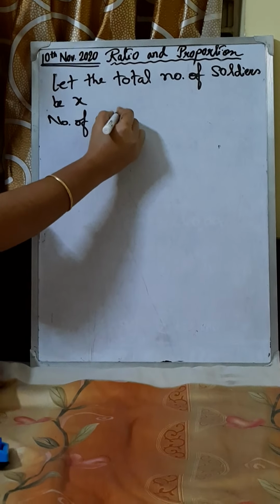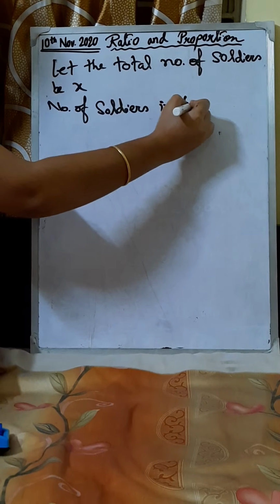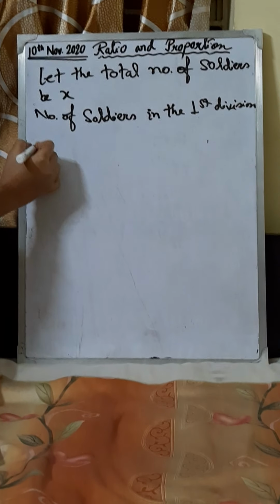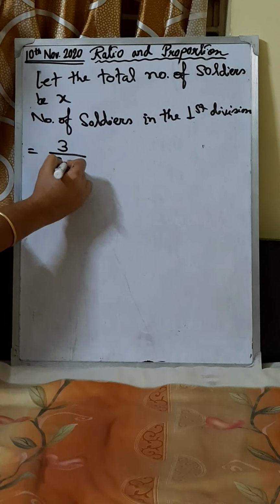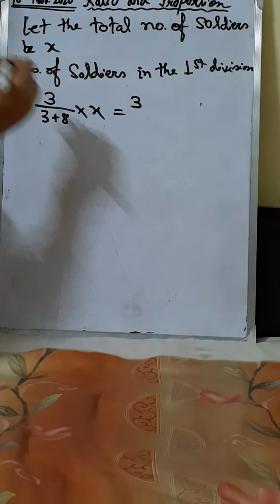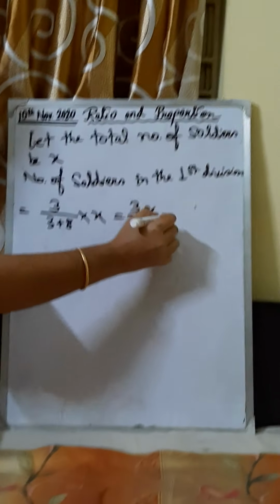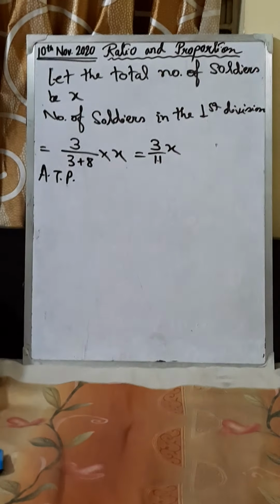Now the number of soldiers in the first division, in the ratio 3 is to 8, equals 3 divided by 3 plus 8 into X. That means 3 by 11 X. Now, according to the problem, this is the first division, and the number of soldiers in it is already given.